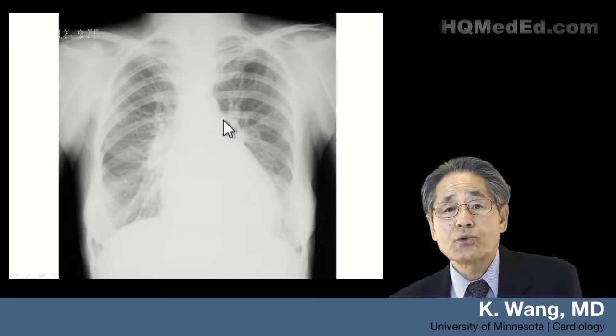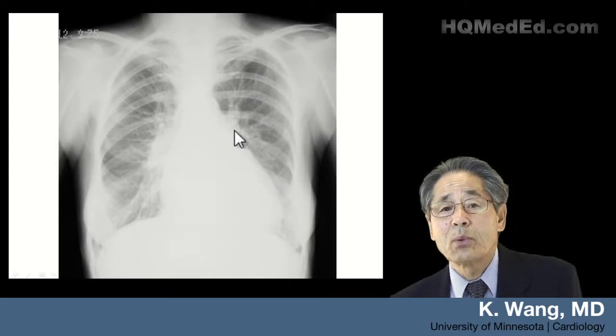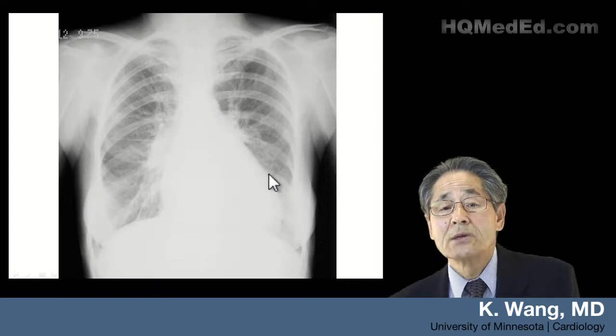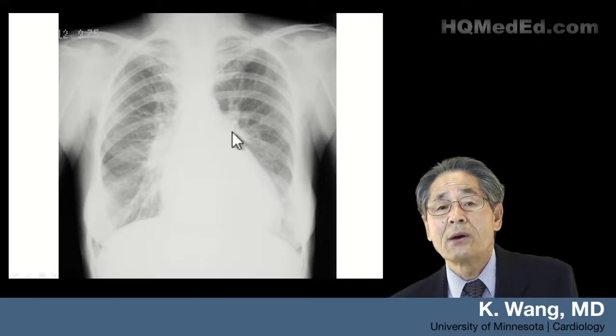Or it can straighten out the left cardiac border. Instead of aortic knob, pulmonic knob, and concave, or aortic knob and pulmonic knob and another bulge, it may just straighten out. So this is another way mitral stenosis will manifest.